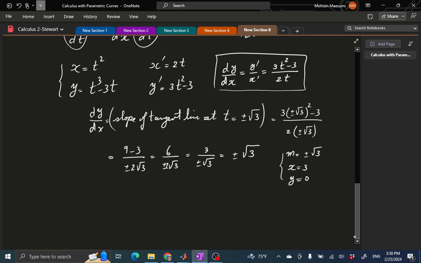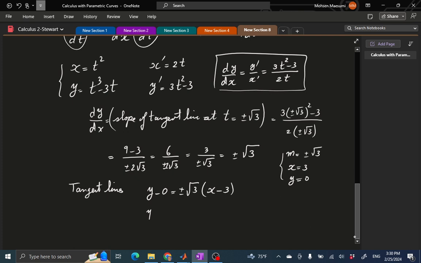So how do we write the equation of the tangent line? In this case, two tangent lines: y minus y of a given point is equal to the slope, either of these two numbers, times x minus the x of the point.